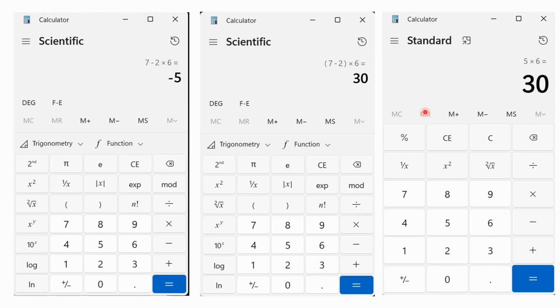When you type 7 minus 2 and then you type anything else, it's going to perform the 7 minus 2 and get 5 because it doesn't realize that you're wanting to enter an entire expression. And you're going to see the difference here. Look at how this is written. All you have here is 5 times 6. 5 times 6 is 30.